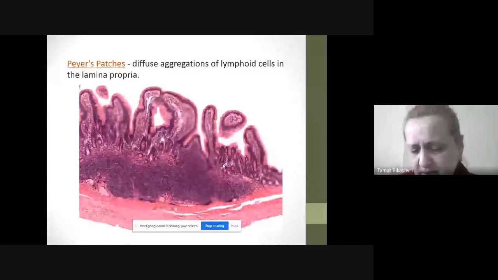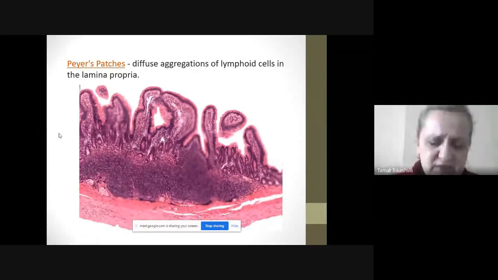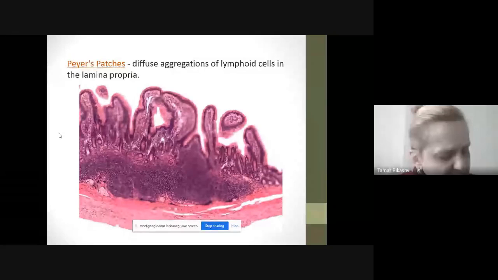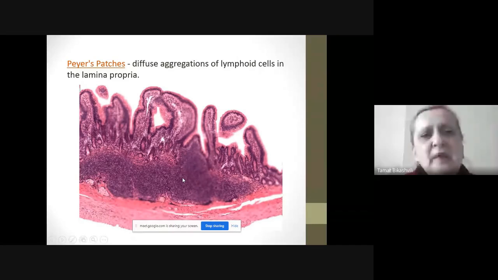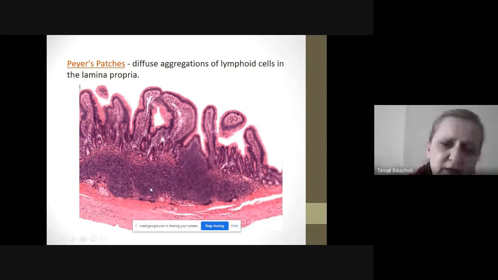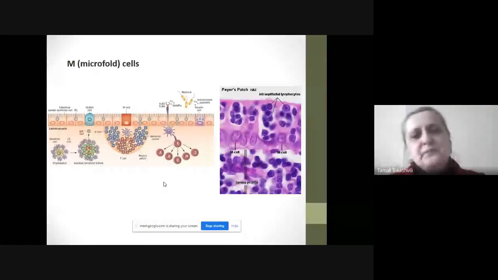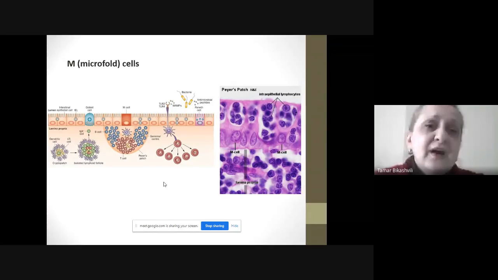In the ileum are the Peyer's patches, I think you remember from last semester from the immune system. What are Peyer's patches? They are aggregations of lymphoid cells, and these lymphatic tissue aggregations are only in the ileum. For Peyer's patches, specific cells are M cells.